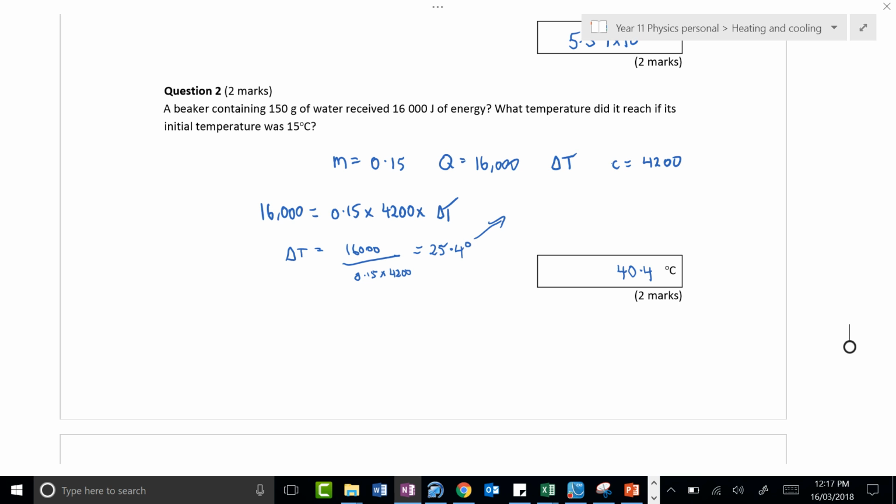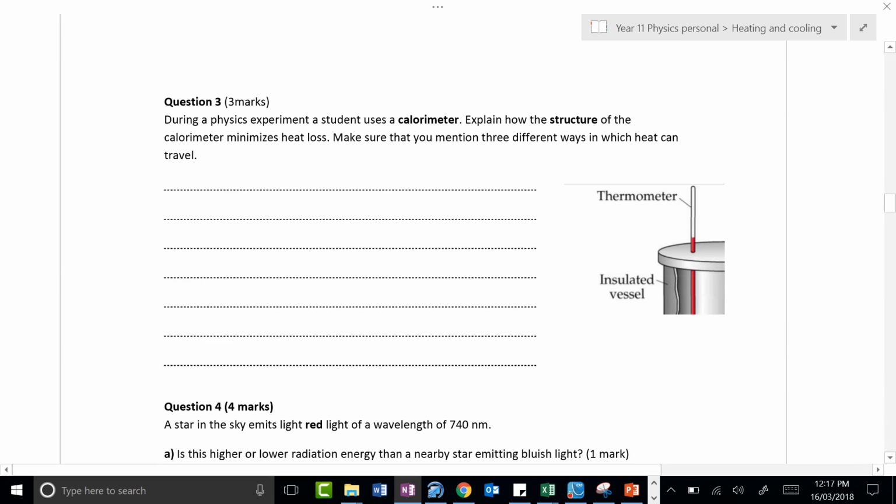First of all, conduction: all the surfaces have an insulative layer, so there are different layers, and that's going to reduce conduction. Convection: if we have a tight seal, then we'll have less heat lost at the top, because there's less air getting in and out. And the last one, as we talked about in the multiple choice, would be radiation.